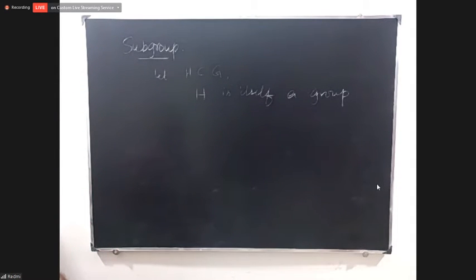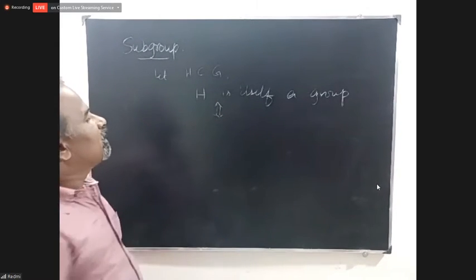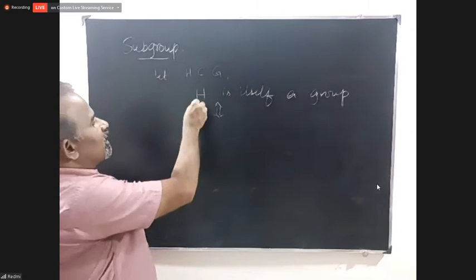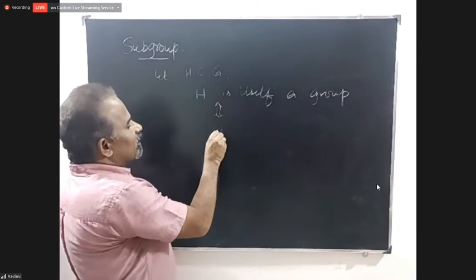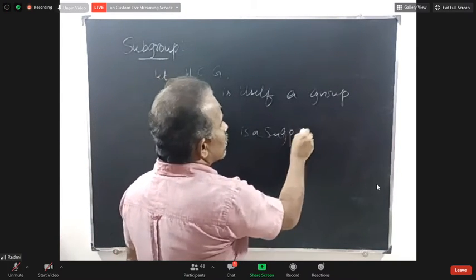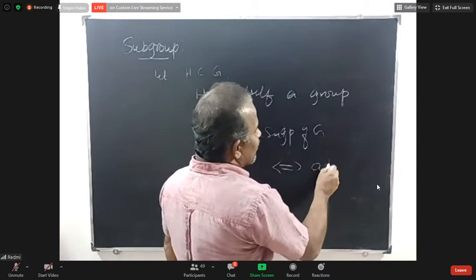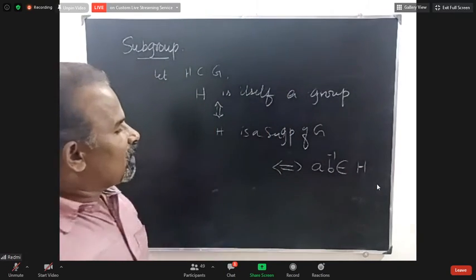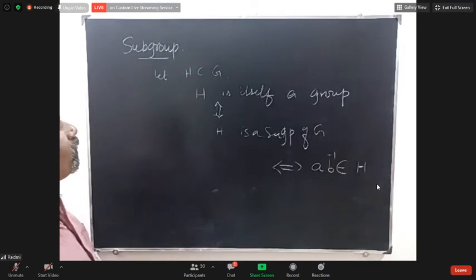And also, by proving some theorem, it is enough to say that H is a subgroup of G if and only if AB inverse belongs to H, or otherwise A inverse B also belongs to H. Both are the same.